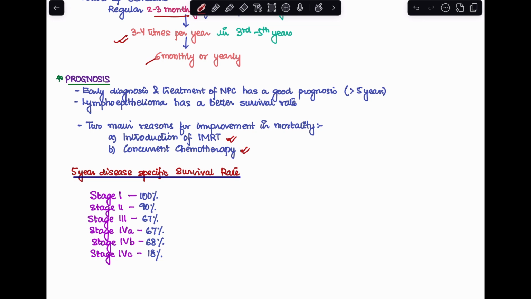Last of all, the 5-year disease specific survival rates over here are: stage 1 is 100%, stage 2 is 90%, stage 3 and stage 4A is 67%, stage 4B is 68%, and stage 4C is 18%. We can see how at stage 4C, which involves distant metastasis, the survival rate significantly drops to 18%.